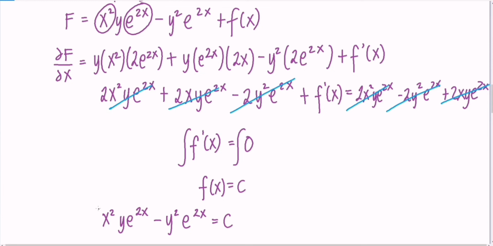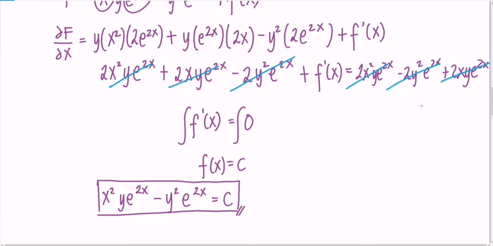Ayan. So, the final answer is this one. Okay? So, c yung ating f of x. So, equate nyo na lang siya sa c. So, the final answer for this example, yung solution natin dyan is x squared y e raised to 2x minus y squared e raised to 2x is equal to c.